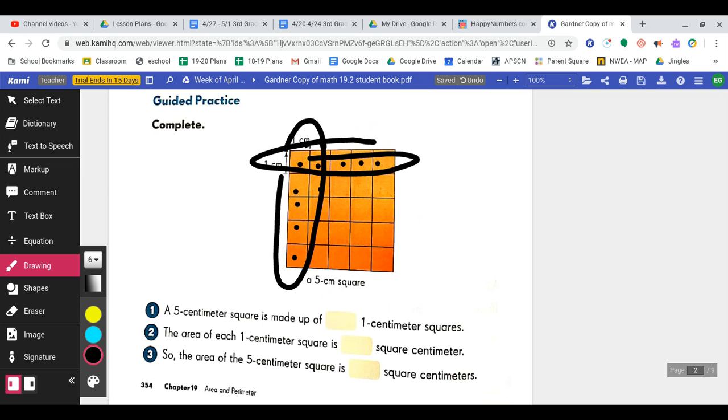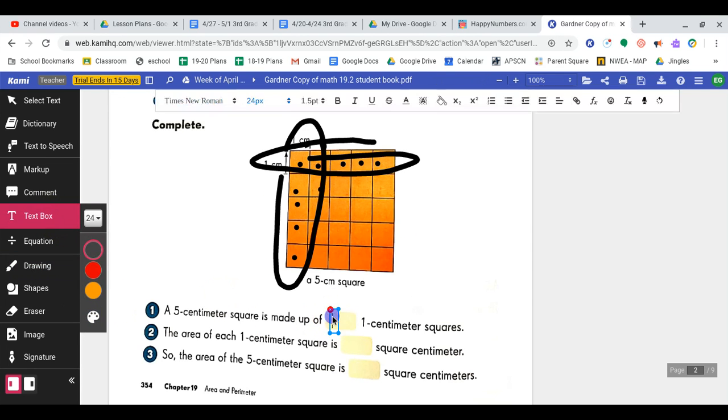So if we multiply how many there are this way times this way, we would get the answer. It says a 5 centimeter square is made up of how many 1 centimeter squares? 25. The area of each 1 centimeter square is, that means 1 little square here, what is the area of it? 1 centimeter squared, or 1 square centimeter, which means it is 1 centimeter on every side.